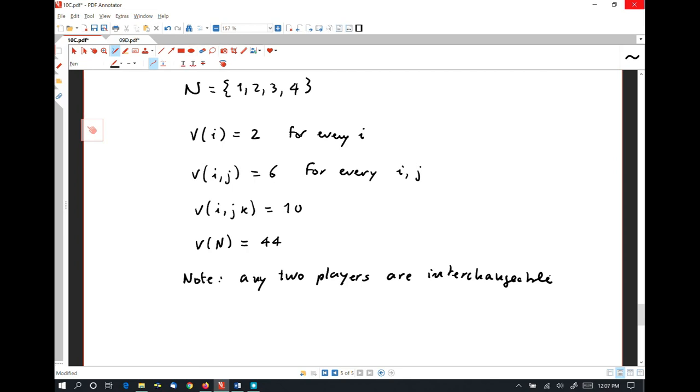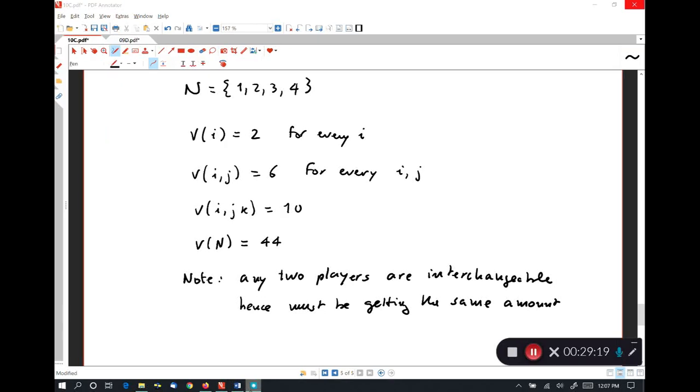For interchangeable players, they must be getting the same amount in the Shapley value.